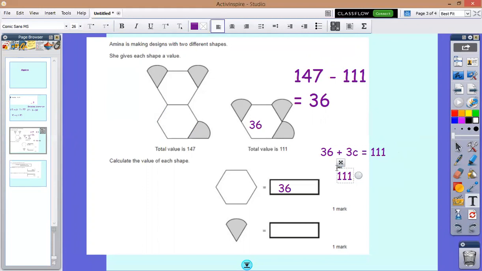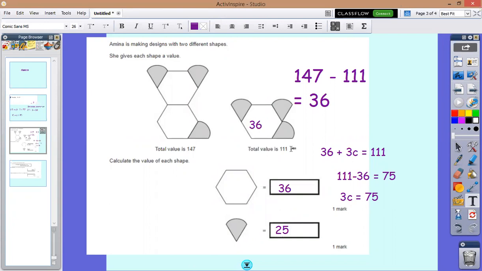If I do 111 take away 36, and use my inverse operation again, that would equal 75. Now I know that 3C, with C representing my cones, equals 75. Because 3C means 3 times the cones, 75 divided by 3 equals 25. And that's my answer for that one.